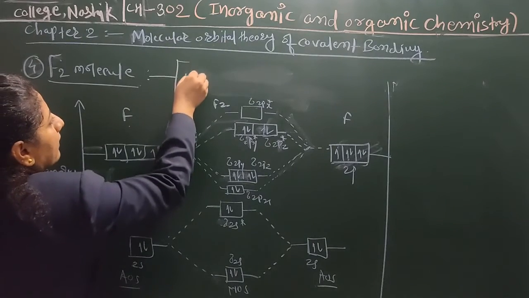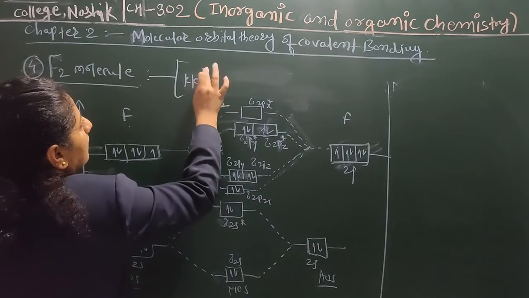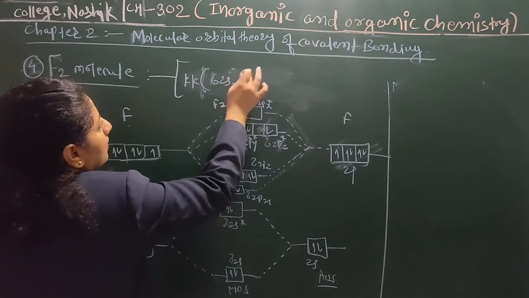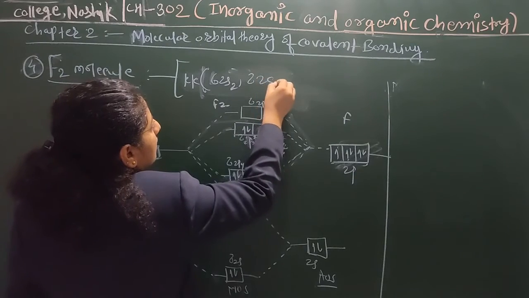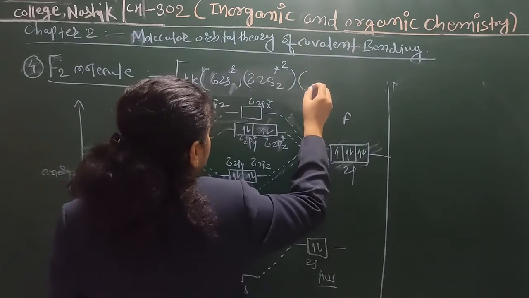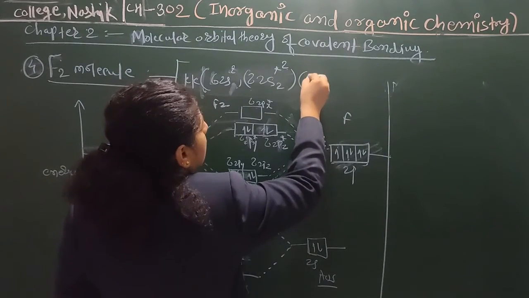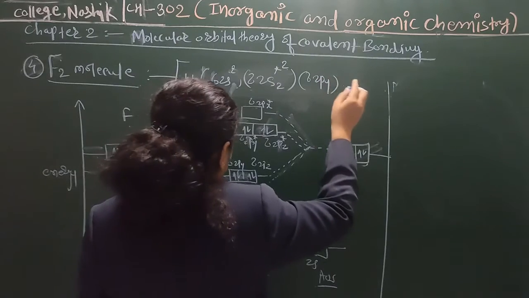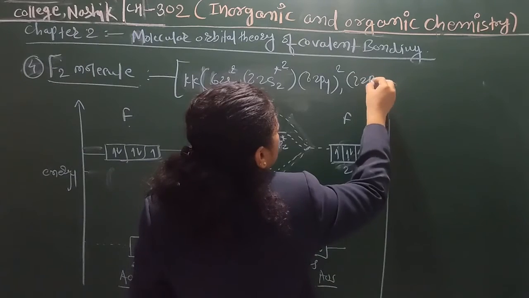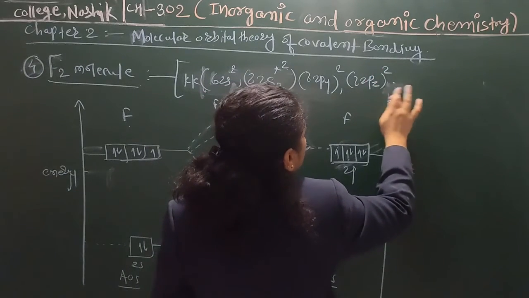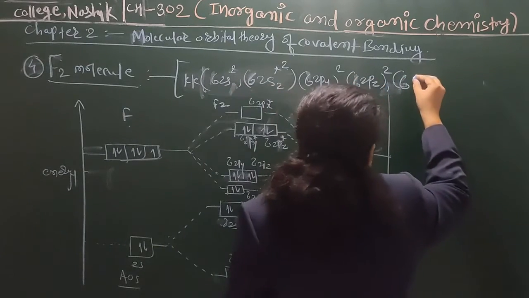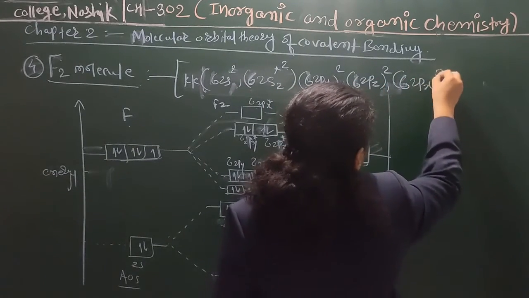So that is sigma 2s2, sigma star 2s2, sigma 2py2, sigma 2pz2, and sigma 2px2.